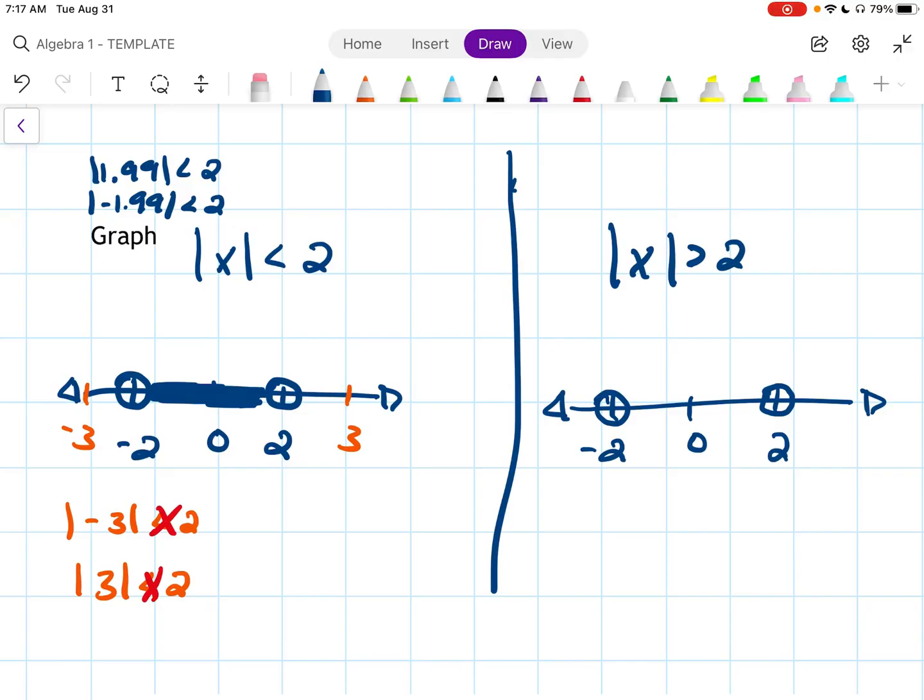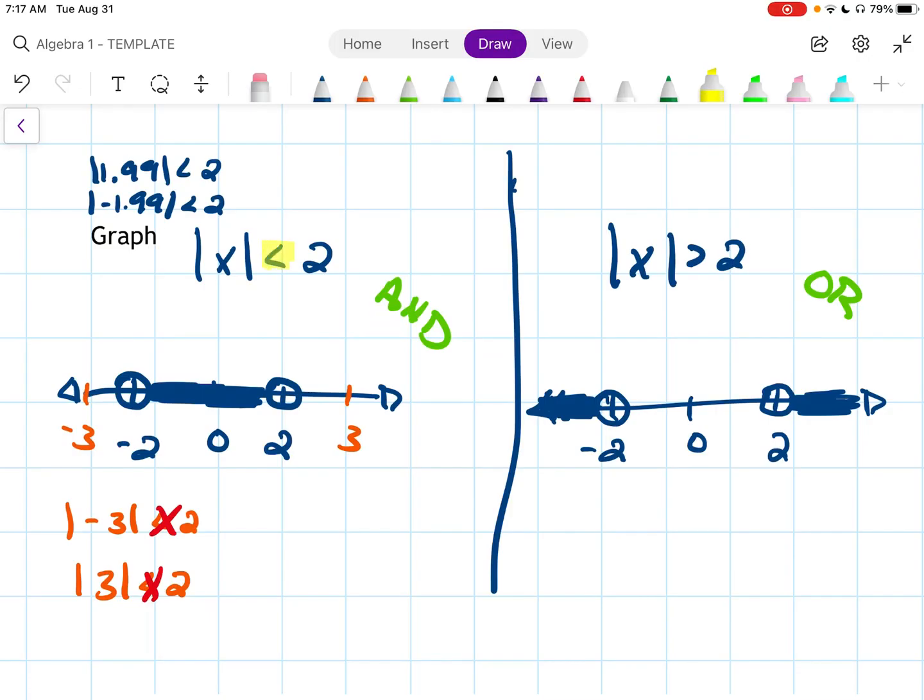The number 3 would fall into that. So I'm going to shade this one to the right. The number negative 3 would also fall into that. So I'm going to shade the other one to the left. Now what we should recognize is that the first one is similar to an and from yesterday, and this is an or from the last section.